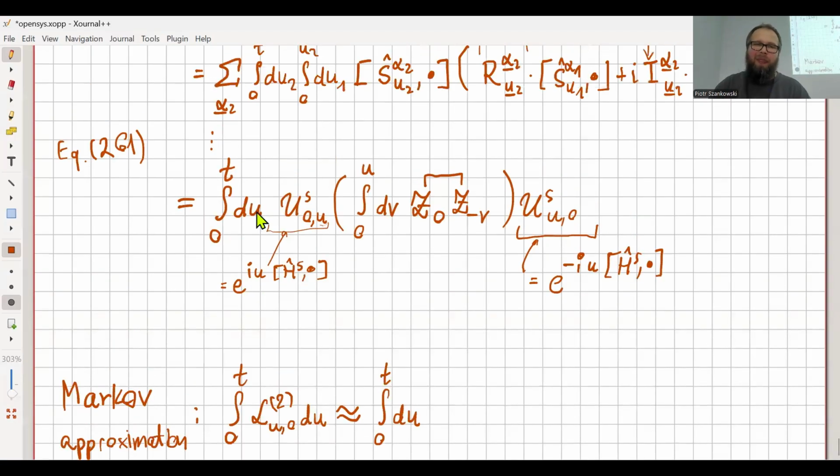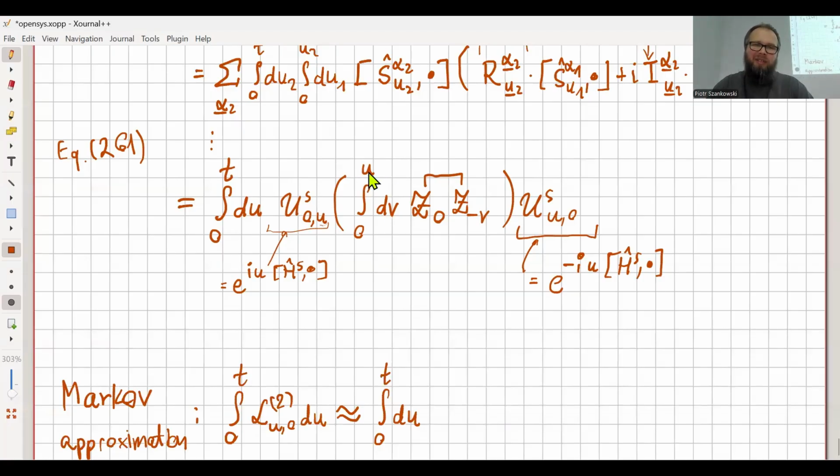So look, we are assuming that time t is much longer than the correlation time, right? So this is big in comparison to the correlation time. So is the upper limit of the second integral, right? Because it's capped from above by t, so it can go much further than the correlation time.